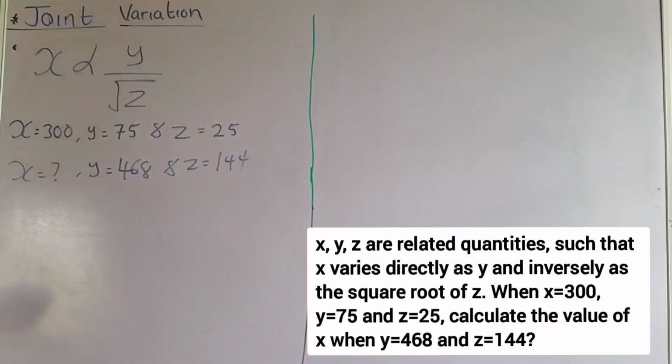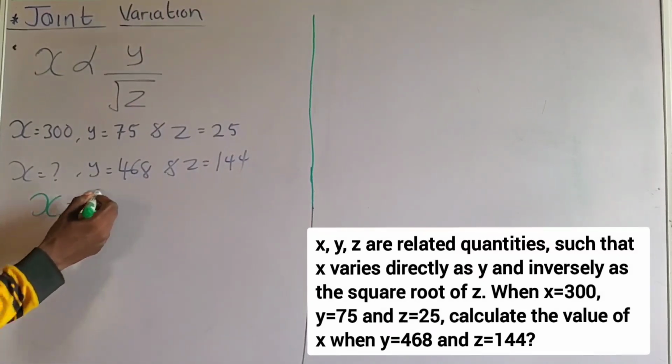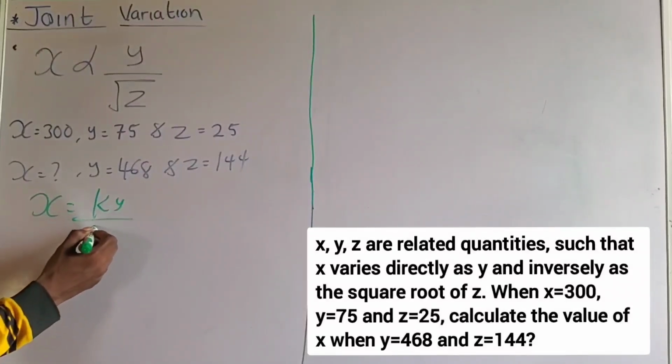Okay, now to get the value of x, we first need to introduce our constant, because it is important that we change these variation signs to an equals to sign. So let's go. For this, I'm going to have x equals to ky all over the square root of z.